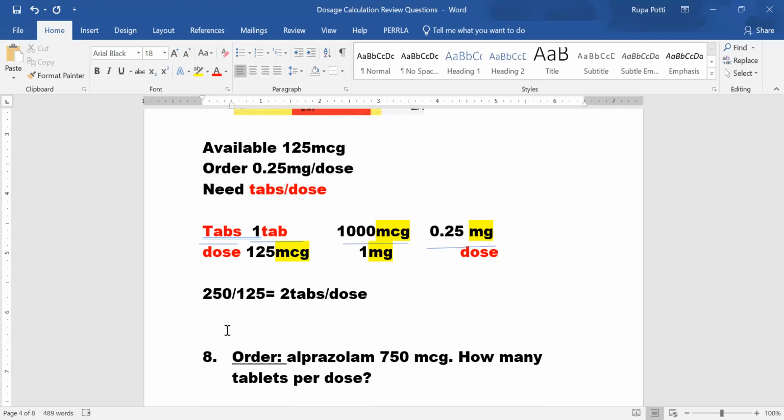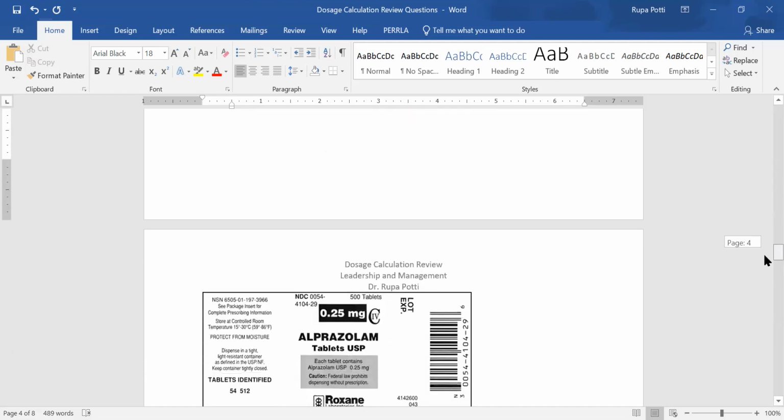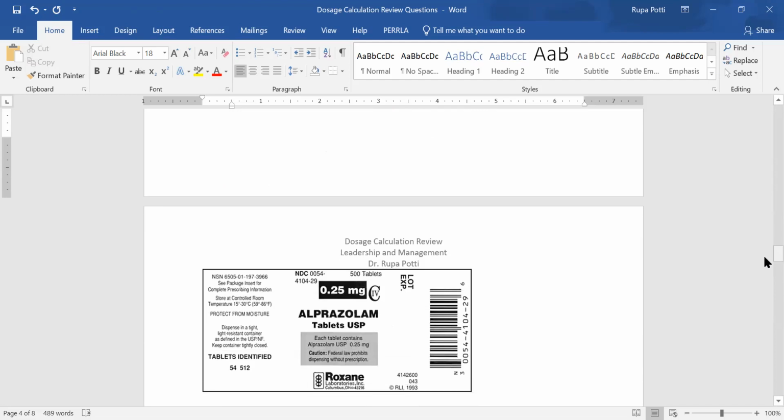So we will look at another problem. Here the order is 750 micrograms, and how many tablets per dose do we give? When we look at our tablets, our available is 0.25 milligrams, right?